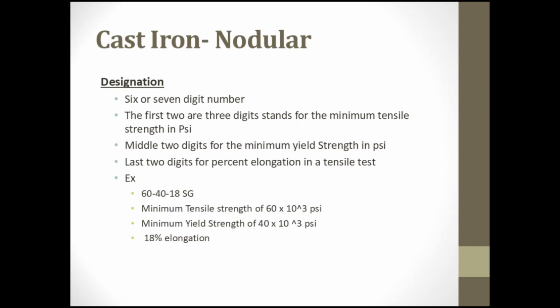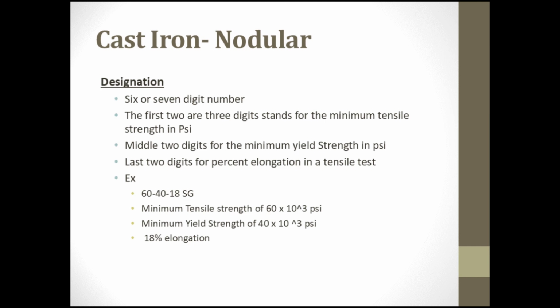Cast iron nodular designation: a 6 or 7 digit number. The first 2 or 3 digits stand for the minimum tensile strength in pounds per square inch. The middle 2 digits are for the minimum yield strength in pounds per square inch. The last 2 digits are for percent elongation in a tensile test.